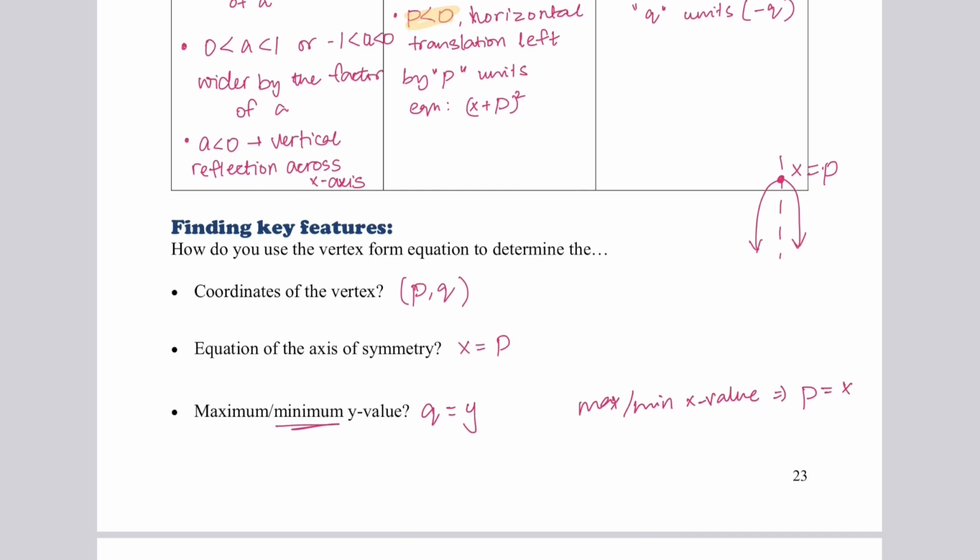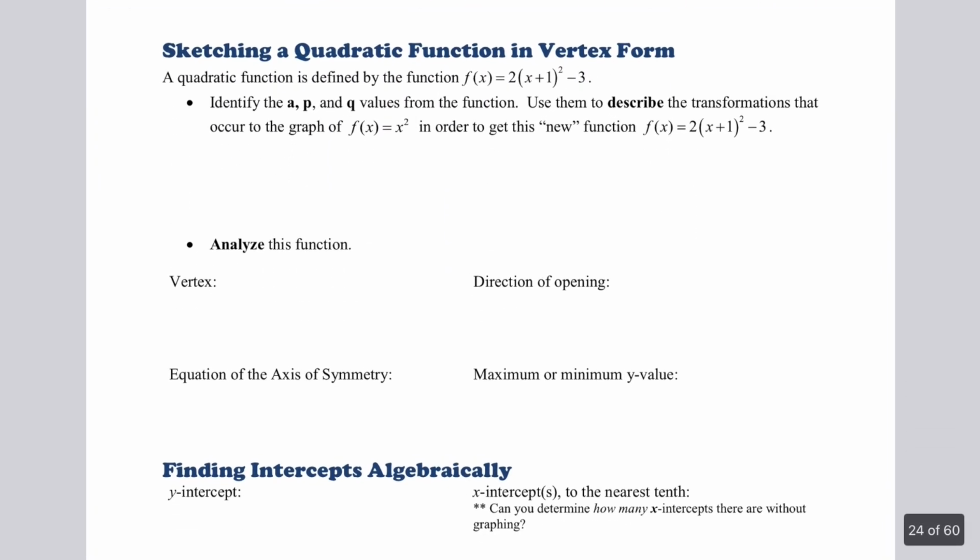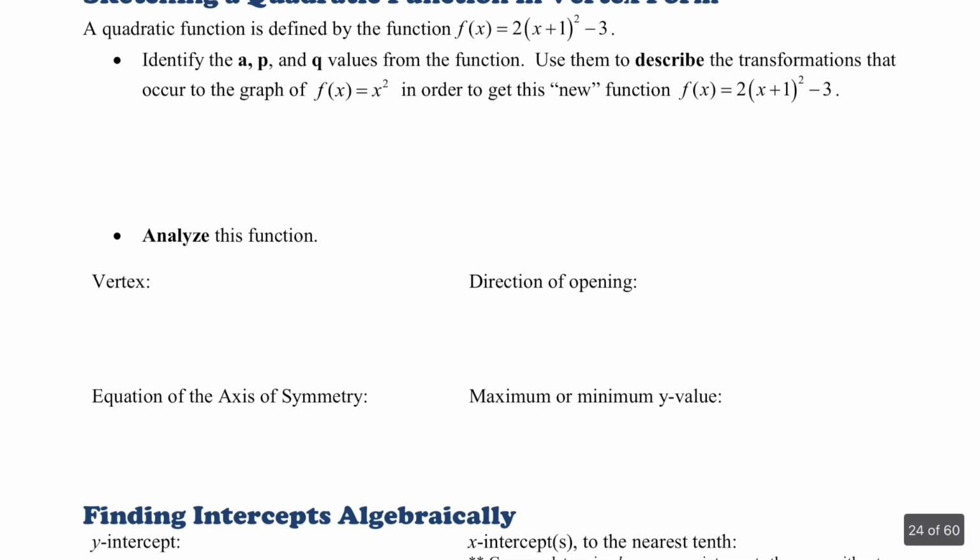Okay. So let's sketch this function ourselves. We need to figure out our a, p, and q values. The function is 2 times x plus 1 whole squared minus 3. So what will our a be? 2. Yeah, because that's a. That means there is a vertical stretch by 2.